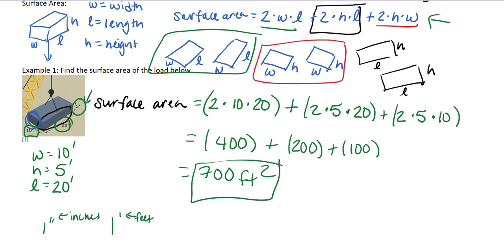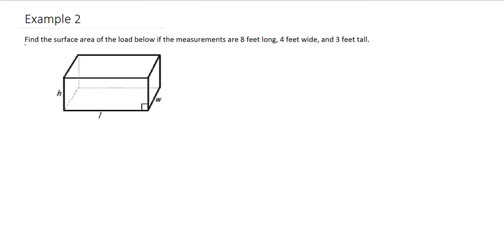Now let's do one more example. Example 2. Find the surface area of the solid below if the measurements are 8 feet long, 4 feet wide, and 3 feet tall. So let's go back and think about our formula. Let's write it back up here.